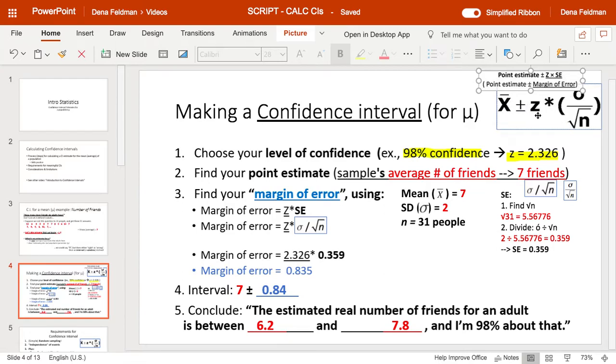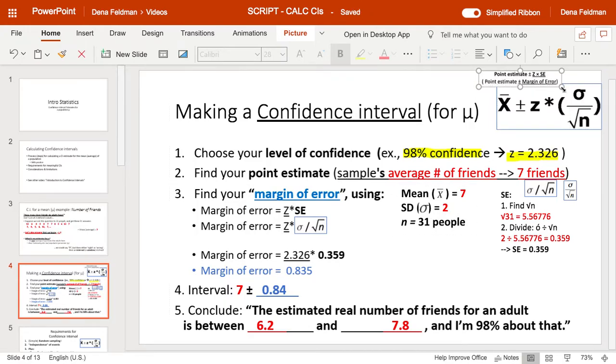I see, okay, from step 1, I have the first piece. And the second piece is find that point estimate. Well, that x bar, if you will, that sample's average was 7. So I know x bar is 7. I also knew that the standard deviation is 2, and that I had a sample of 31 people.